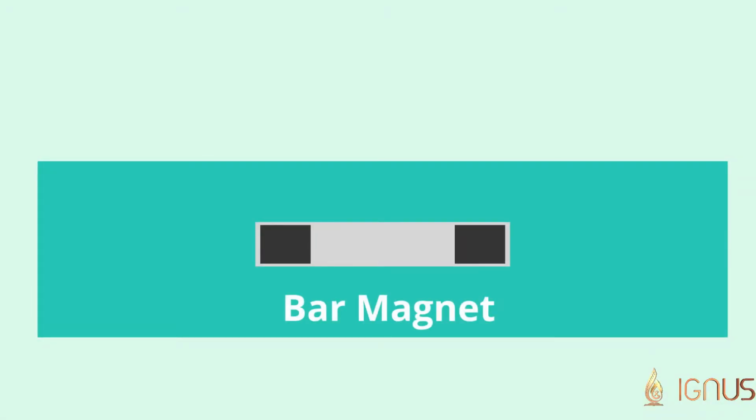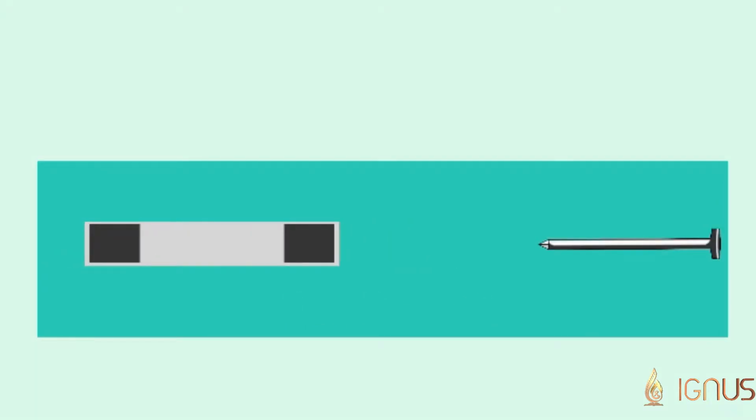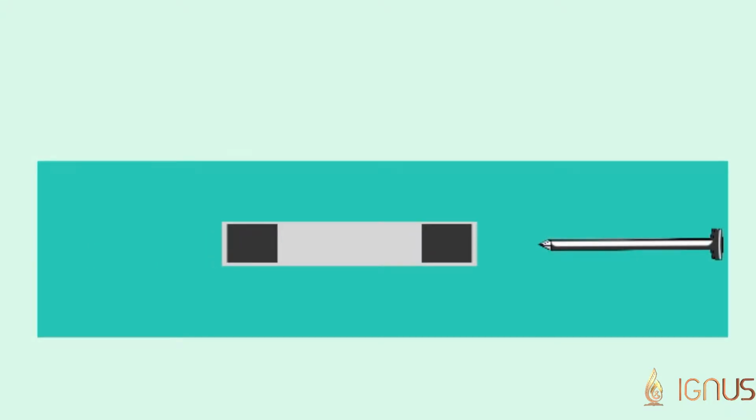Take a bar magnet and place it on the table. Place an iron nail on the same table at some distance away from the bar magnet. Now move this bar magnet towards the nail like this. Keep moving the magnet slowly closer to the nail, but make sure not to touch the nail. What do you notice? When the bar magnet is sufficiently close, the nail takes a leap towards the magnet and sticks to it.